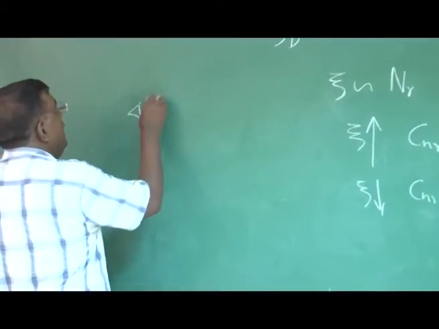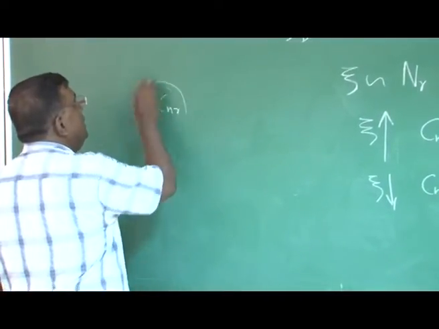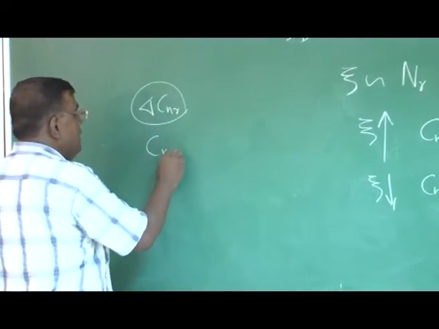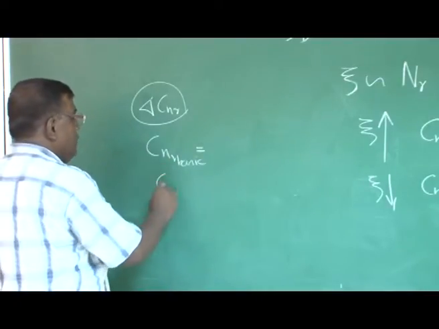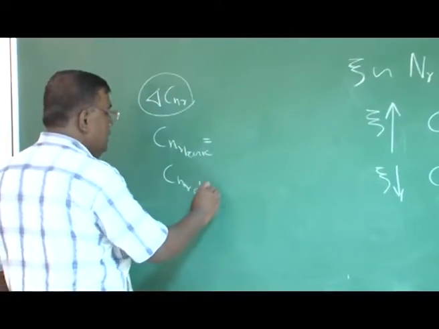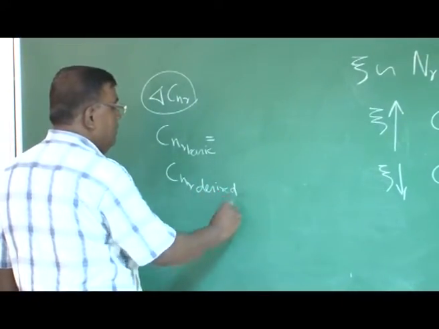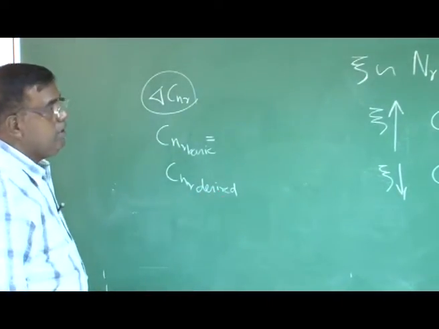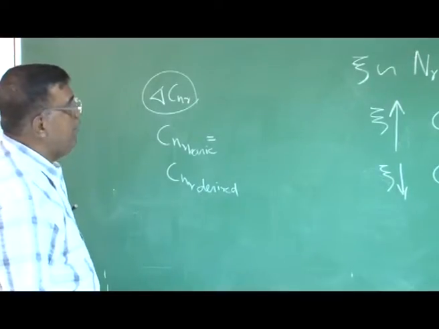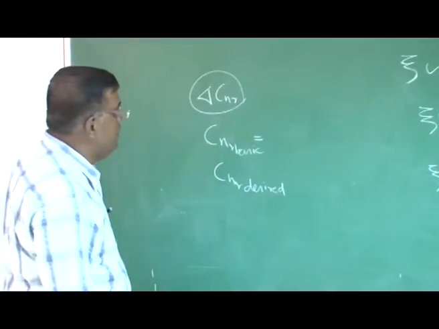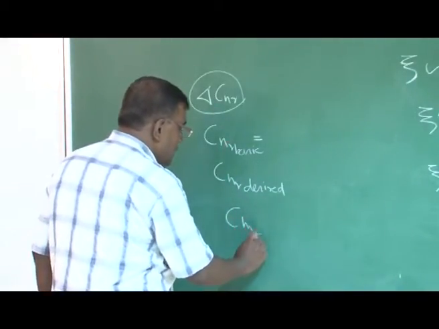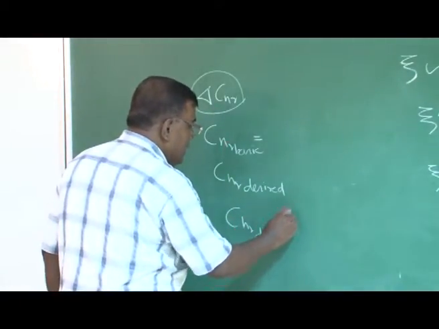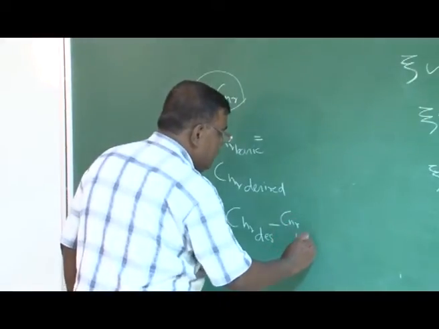How do I find additional delta CNR? You know CNR basic, which was for the aircraft. You know CNR desired, so that you have the right type of damping ratio, which you get approximately using one-dimensional analysis. And so delta CNR is nothing but CNR desired minus CNR basic.